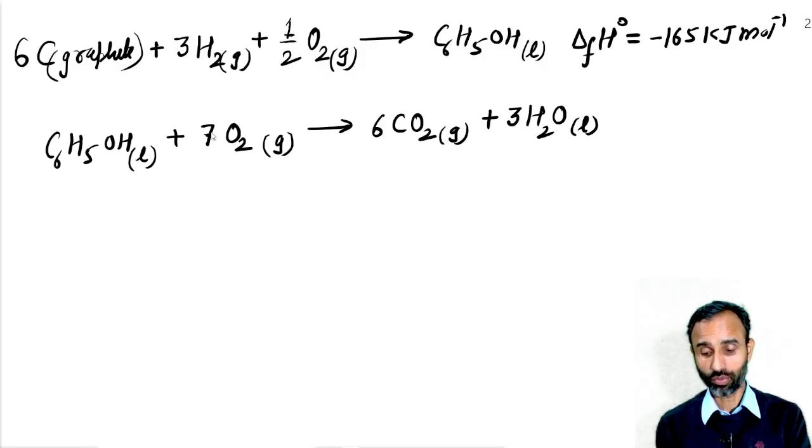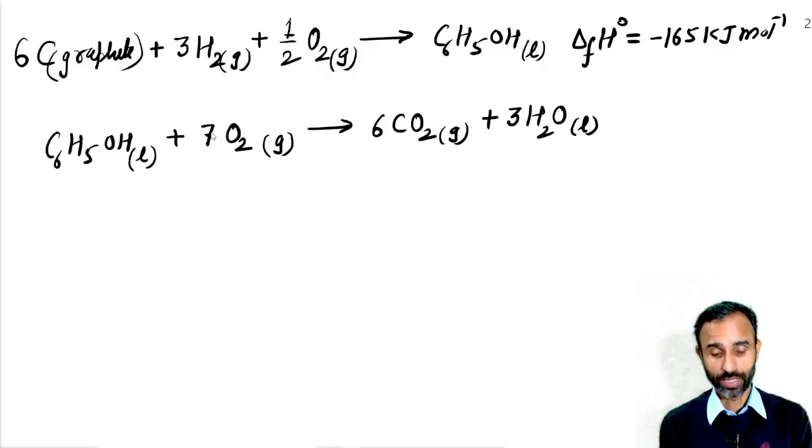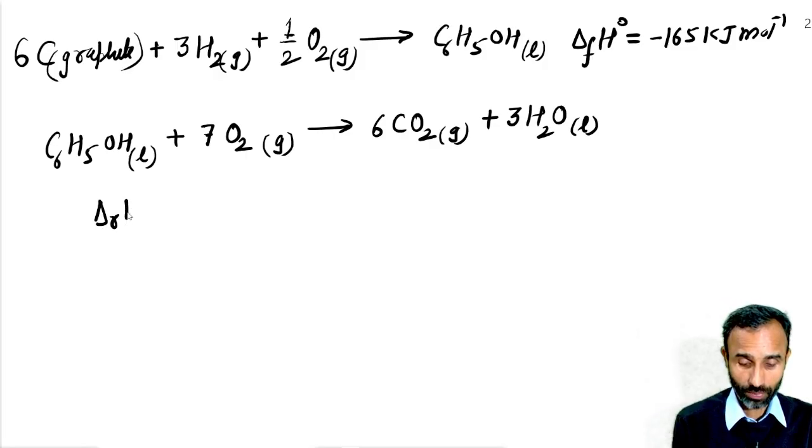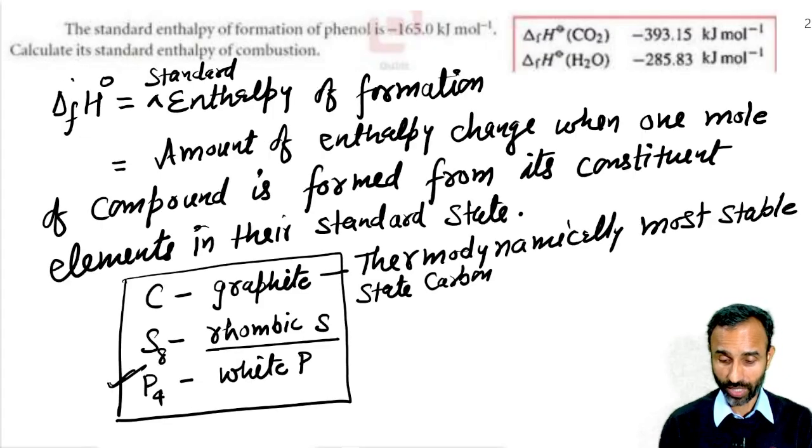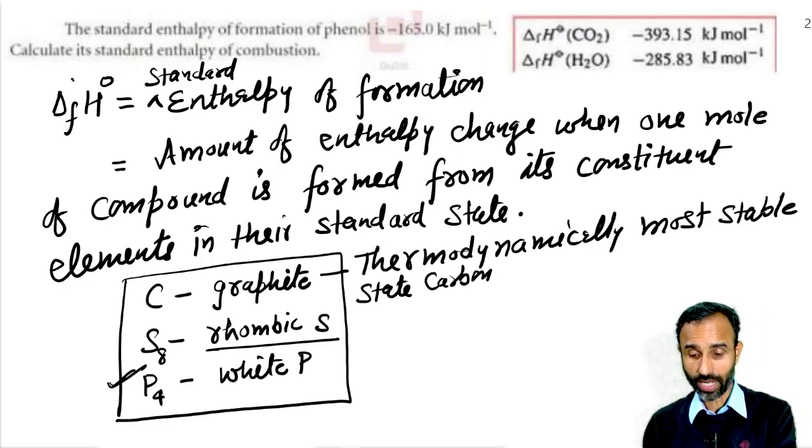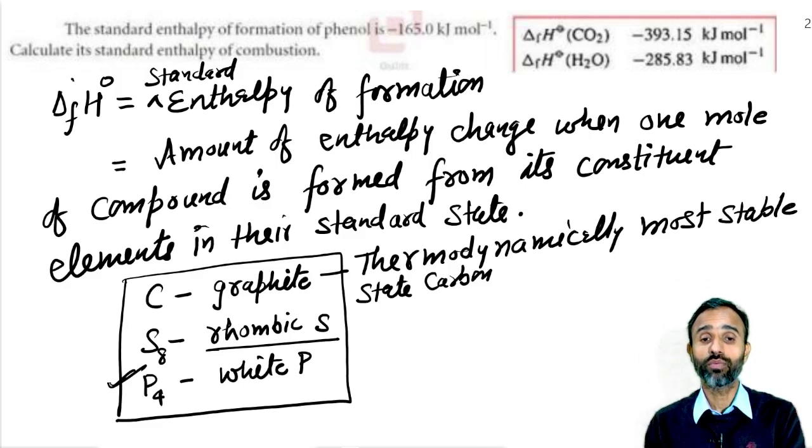Now we have to calculate the value for it. If standard enthalpies of formation are given, the standard enthalpy of formation of CO2 is given, the standard enthalpy of formation of H2O is given, and the standard enthalpy of formation of any element in its elemental state is 0.